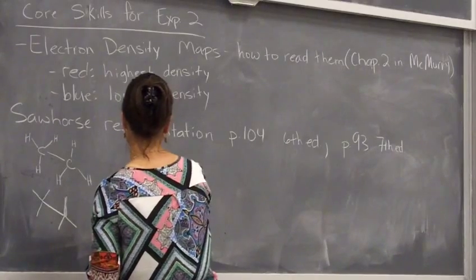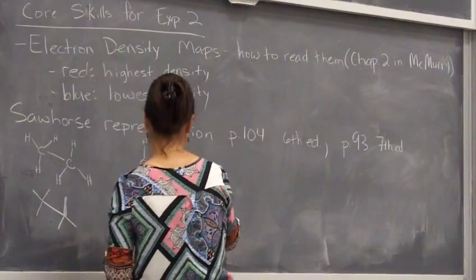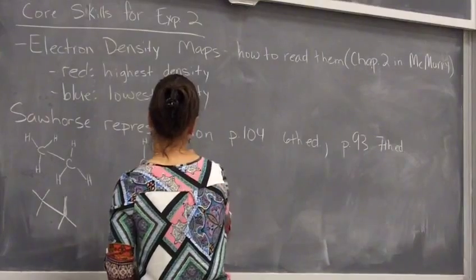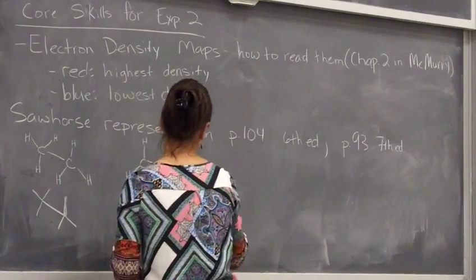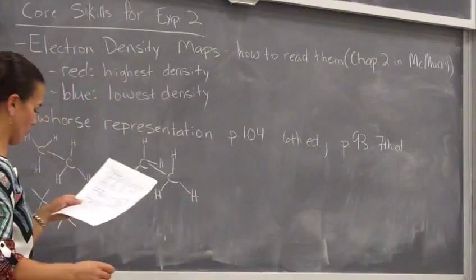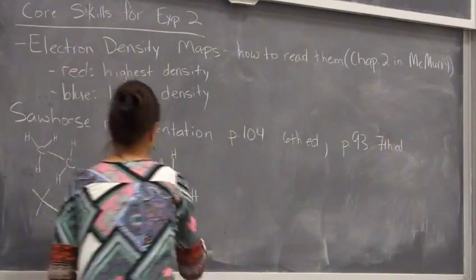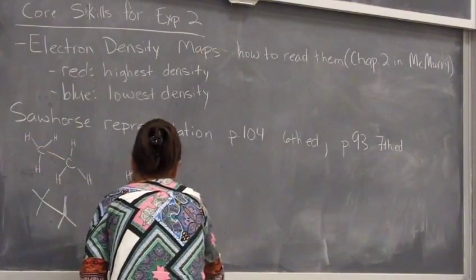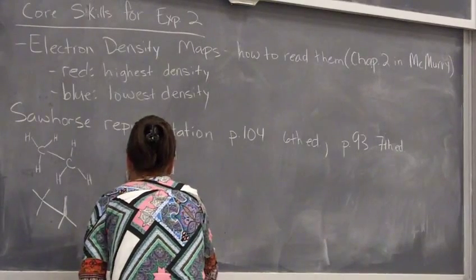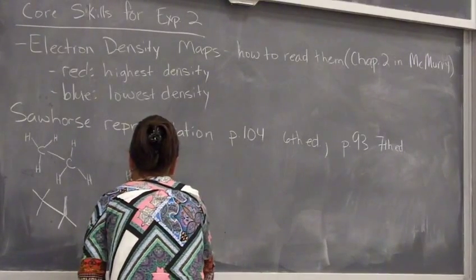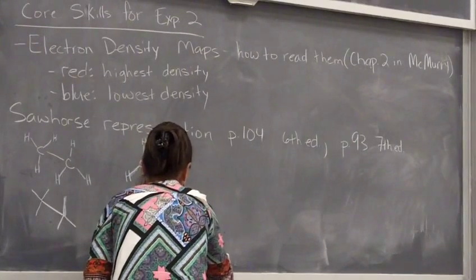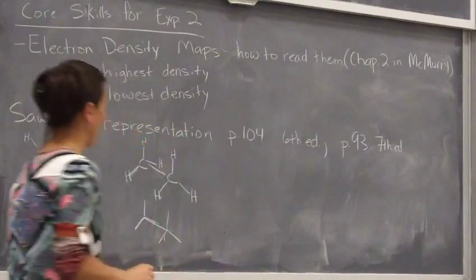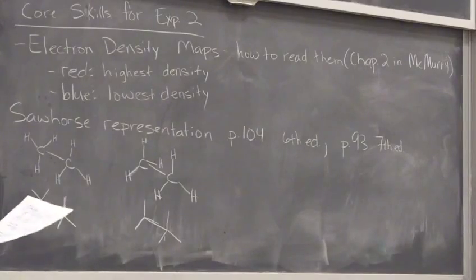So we're not doing anything to distort what this compound really looks like. It's just representing it in a different way so you can better see what is going on around this particular bond. And so the stick model for that is like that, okay, for the sawhorse representation.